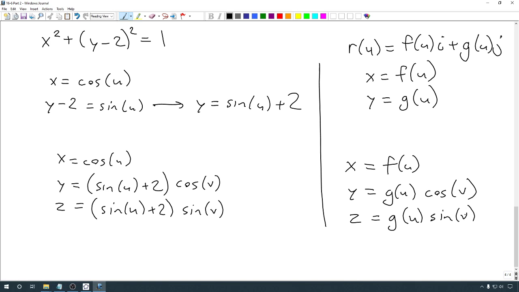Or if we wanted to go around the y-axis, then instead of having y paired with the z, you'd actually use the x and the z. So you'd have f of u cosine v. You'd leave the y as just the g of u, and z would now be f of u sine of v. So there are various ways that we can actually rotate any particular curve that we want around an axis.